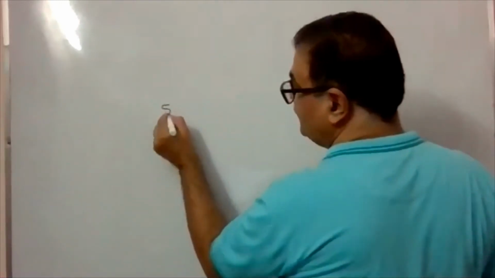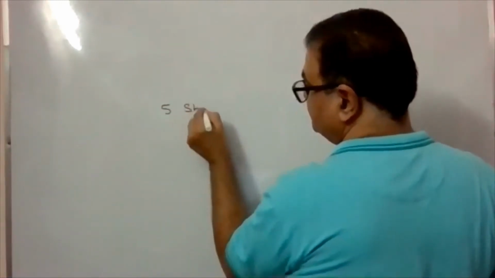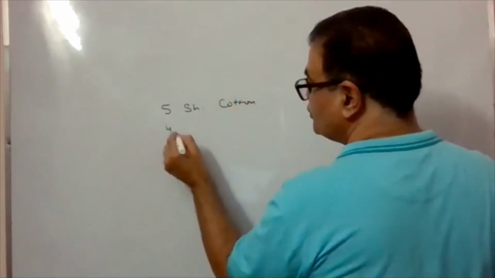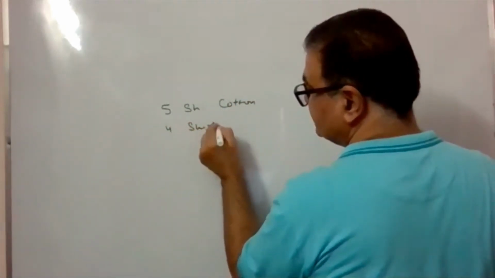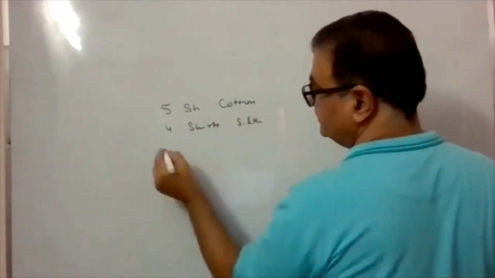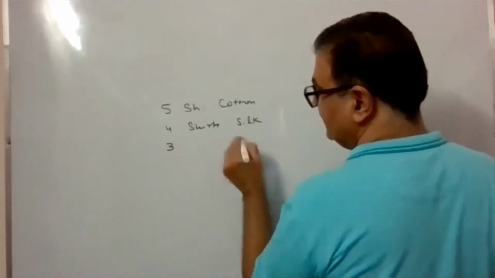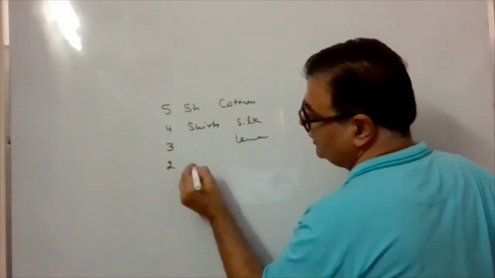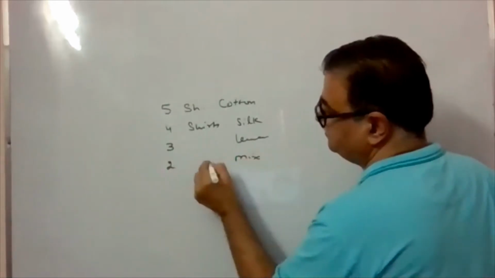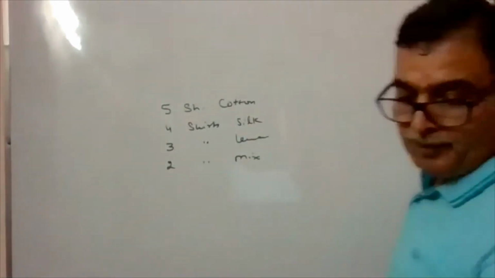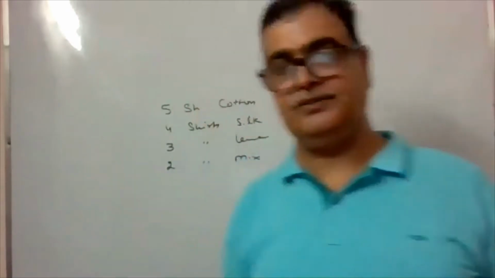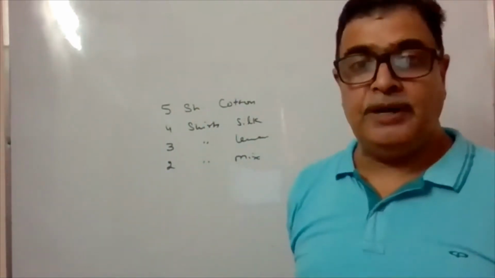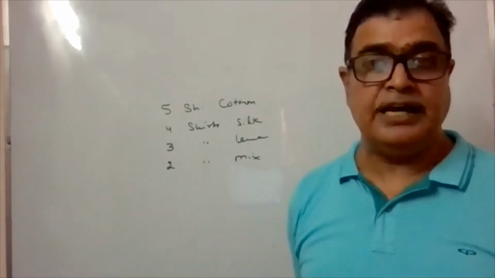I have 5 shirts of cotton, 4 shirts of silk, 3 shirts of linen, 2 more shirts mixed. How many ways can I wear a shirt?